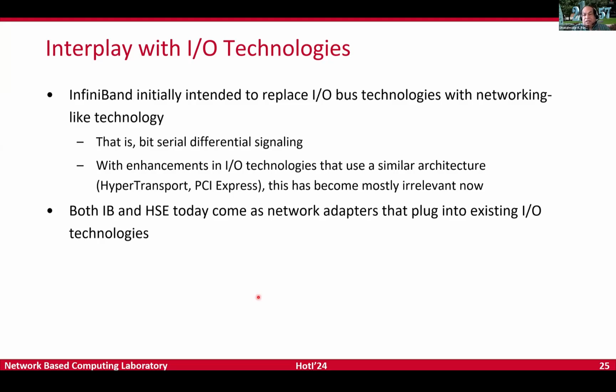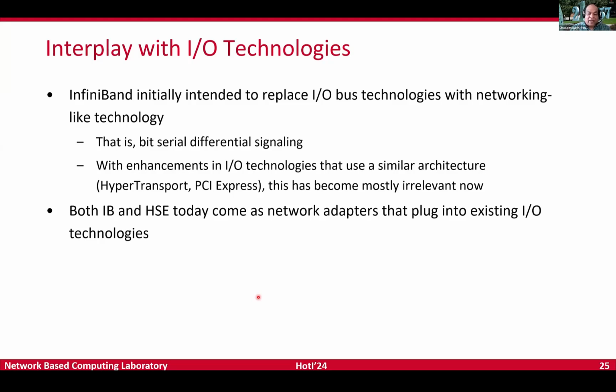This was in the early 2000s. Mostly Intel was developing all the server platforms. Even though Intel was a part of the InfiniBand consortium, they had their own front side bus and internal architectures, and they didn't want to make it open.